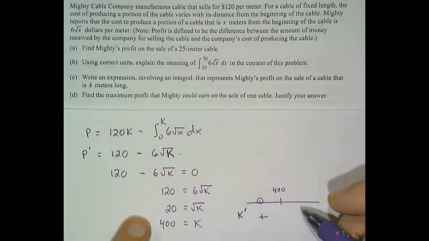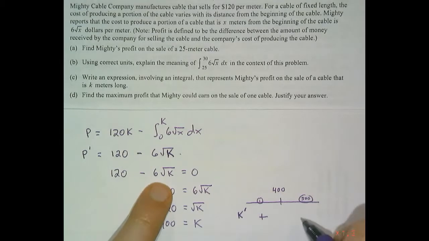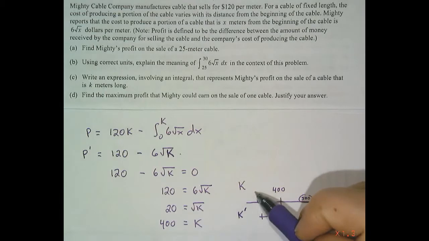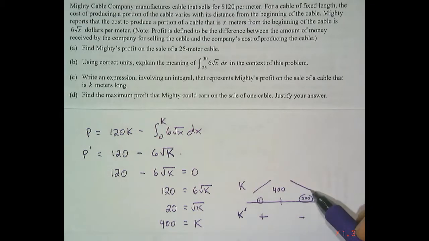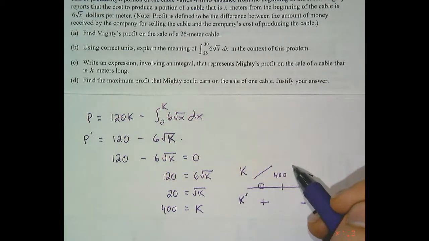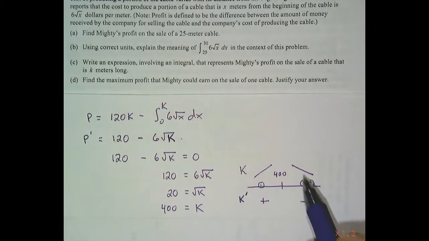If I stick 500 into k prime, I will get a negative answer. This tells me that k transitions from increasing to decreasing. So because that is the only spot, you could say that the profit continues to drop off as the cable gets longer and longer.